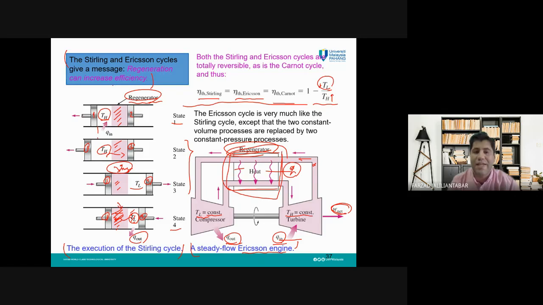Regeneration can increase the efficiency. So this is all you need to know about the Stirling and Ericsson cycles. Now we will use this part in our next cycle.